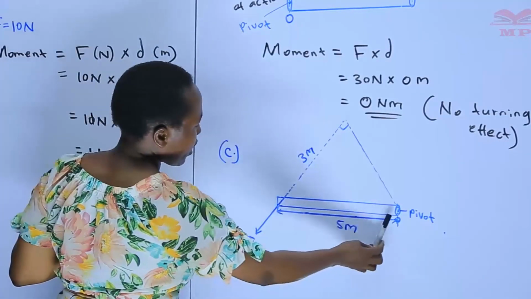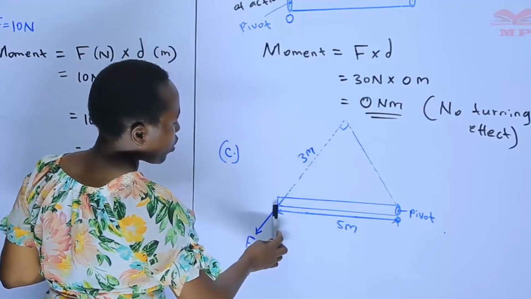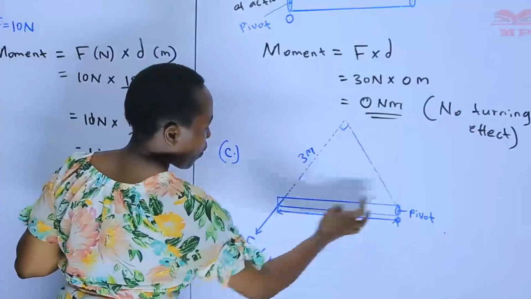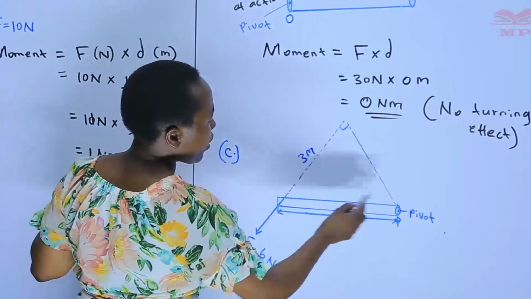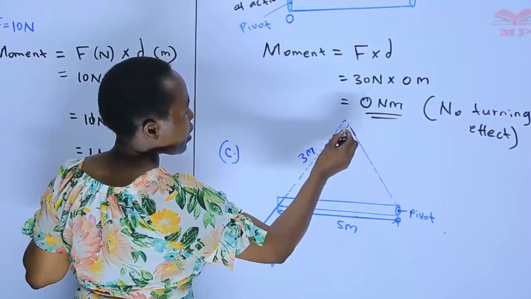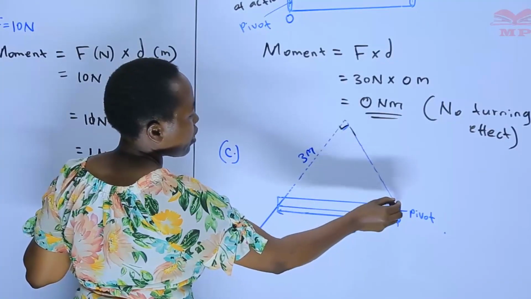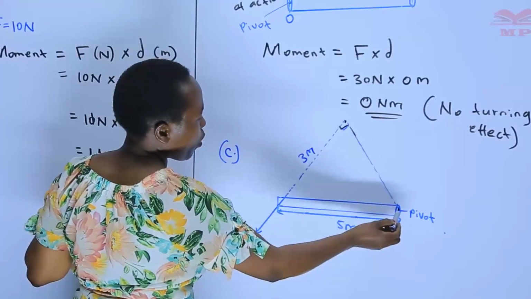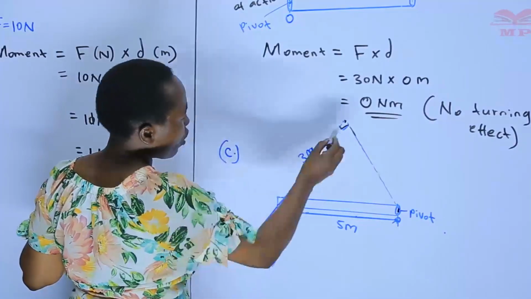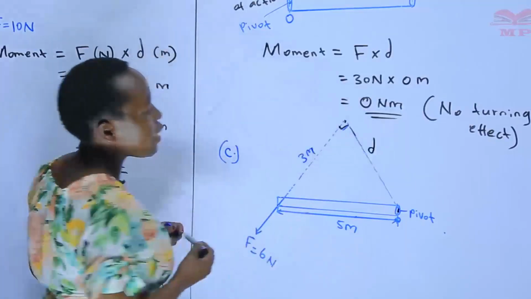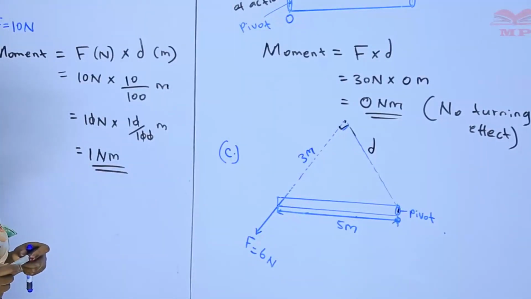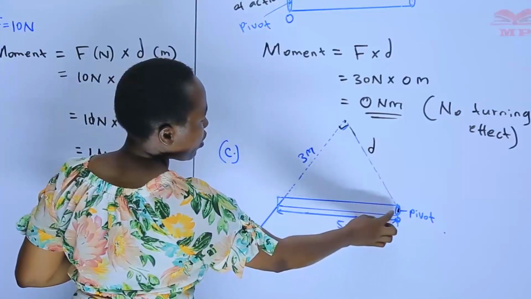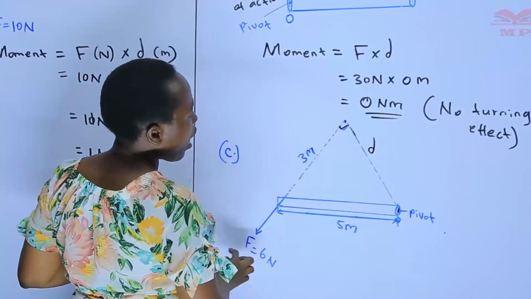So this distance is not the perpendicular distance from the point of support to the line of action. Our perpendicular distance is this. This is the perpendicular distance D. So make note of that. The distance that we are going to use is the distance which is perpendicular to the line of action.